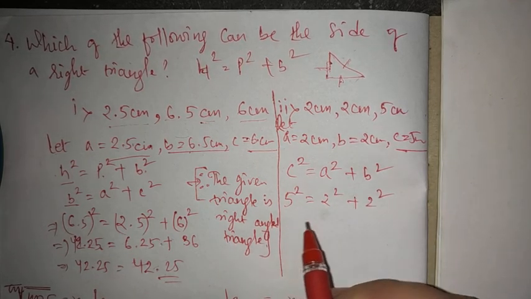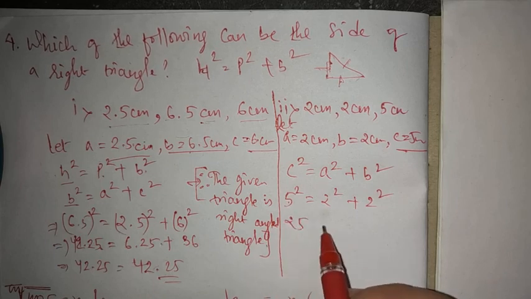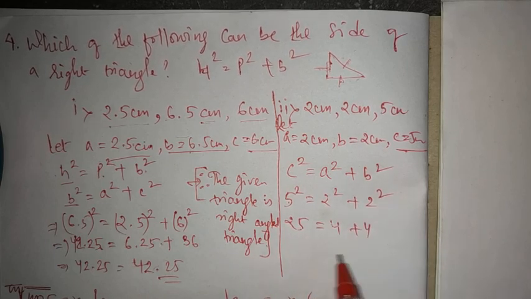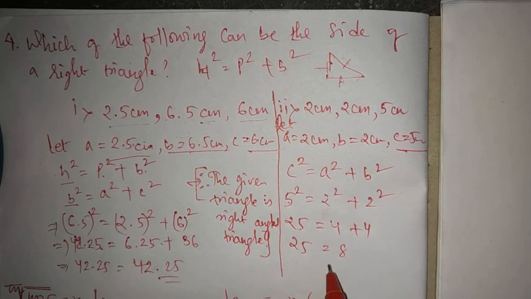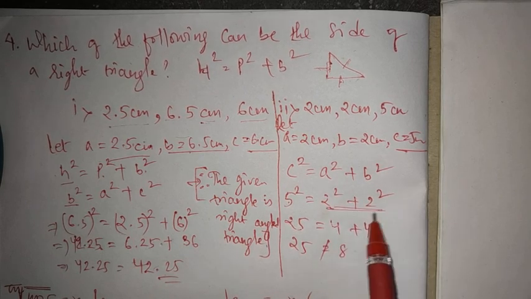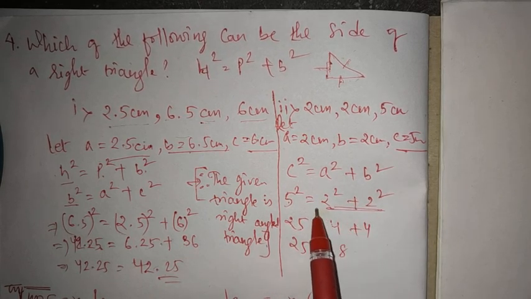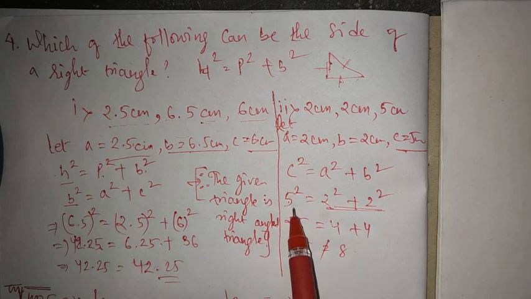Both are 2, so no problem with that. 5 into 5 is 25, is equal to 4 plus 4. Now 25 is equal to 8? Is it equal? The right hand side and left hand side are not equal. So the sum of the squares of the two sides is not equal to the square of the third side.